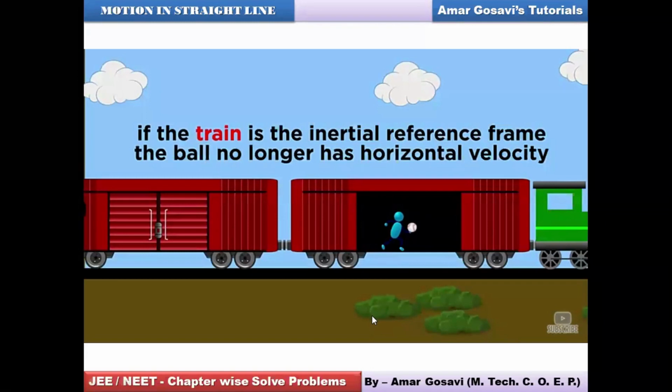But for a person who is observing this person holding the ball from the ground, he will feel that the ball is also moving with the speed with which the train is moving. So that's how the perception changes when you try to analyze relative motion between the two objects. Please make a note of this.